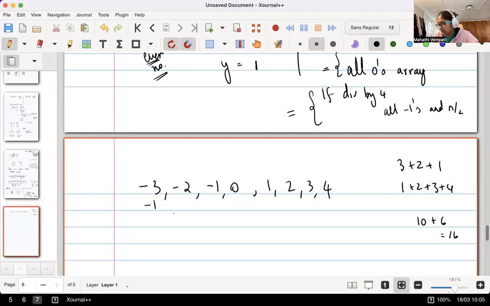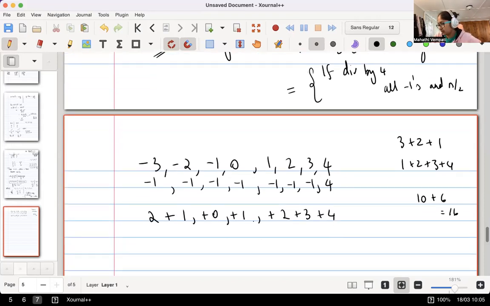If I do this array, -1, -1, -1, -1, -1, -1, 1, 4, then I'll get 2 plus 1 plus 0 plus 1 plus 2 plus 3 plus 4. 3 plus 1, 4 plus 4, 8 plus 5, 13.